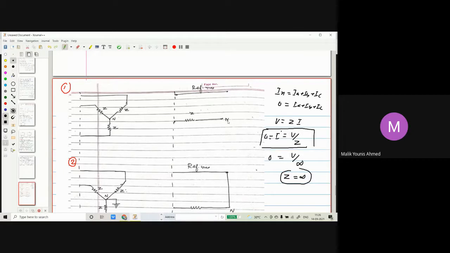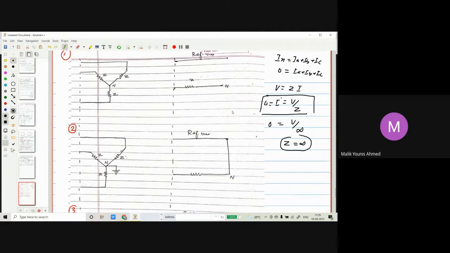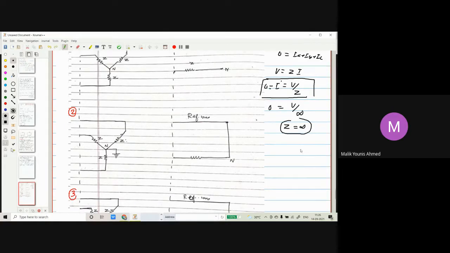In between the reference and this phase there will be no connection, it will be left open, because the current flowing will be 0. When the current flowing at the neutral point is 0, the zero sequence impedance will be infinite. So that's left as an open circuit.